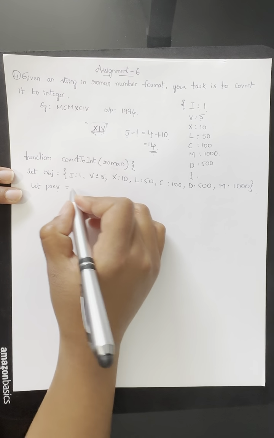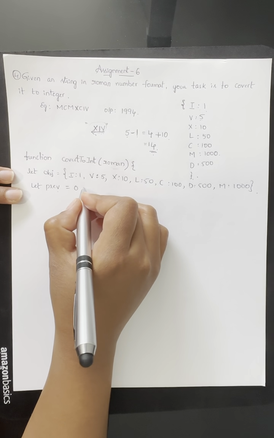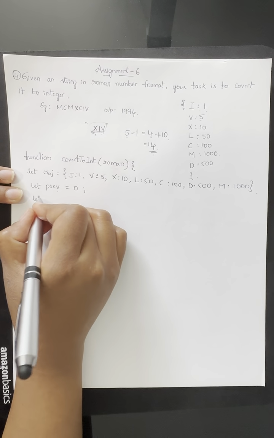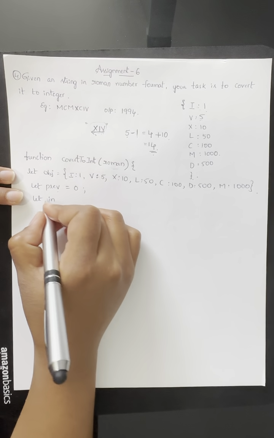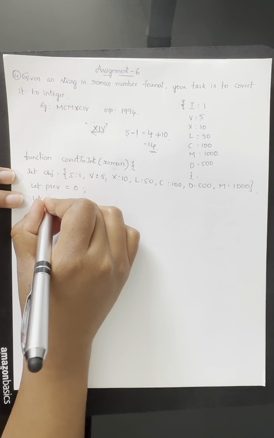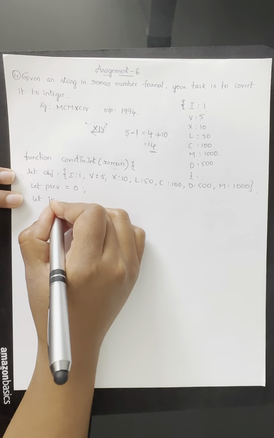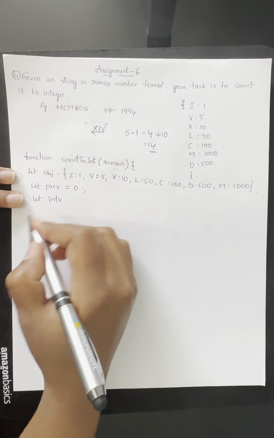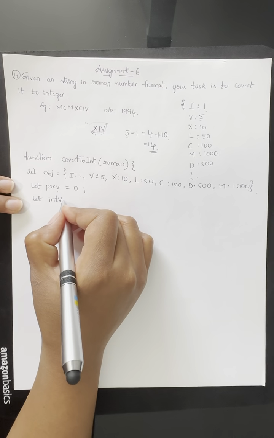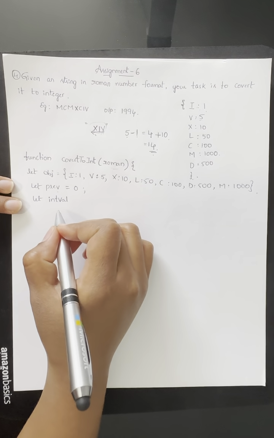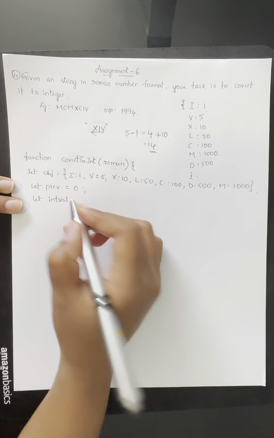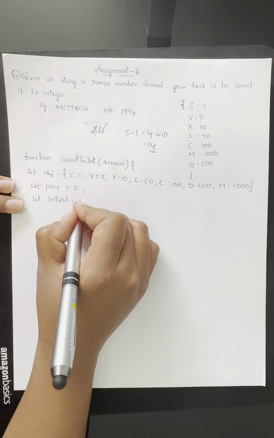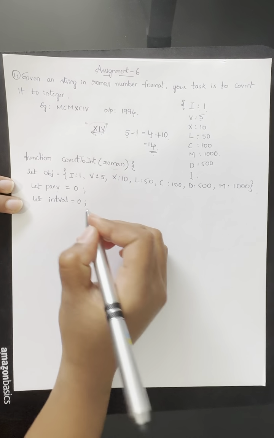Initially I'm initializing it to 0, and we need a variable to get the result, so I'm declaring it as intValue and initializing it to 0.